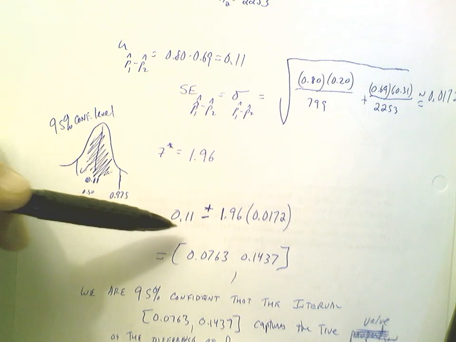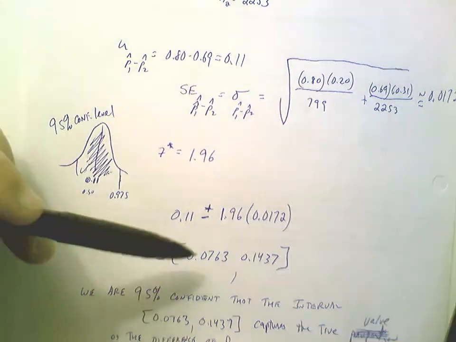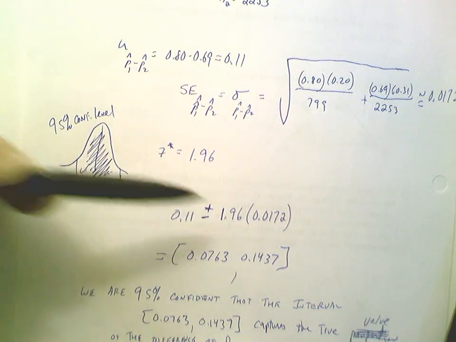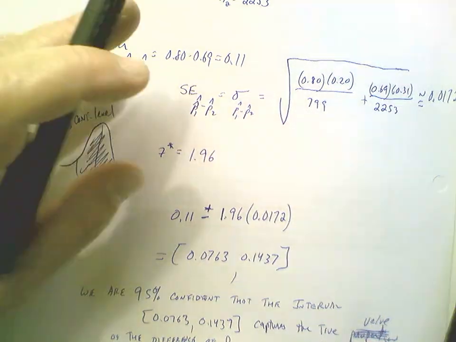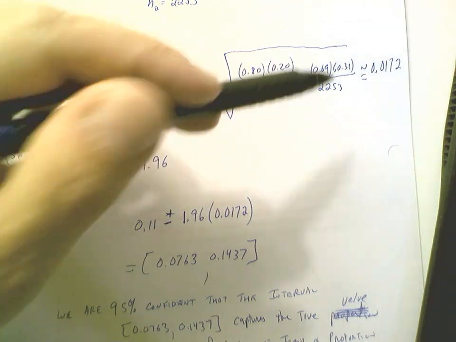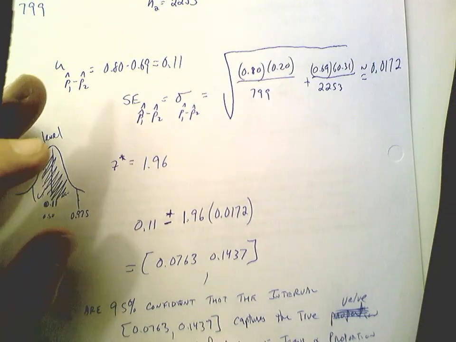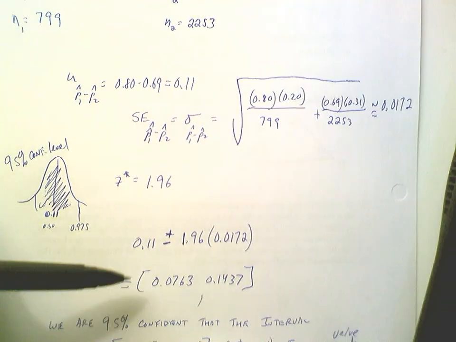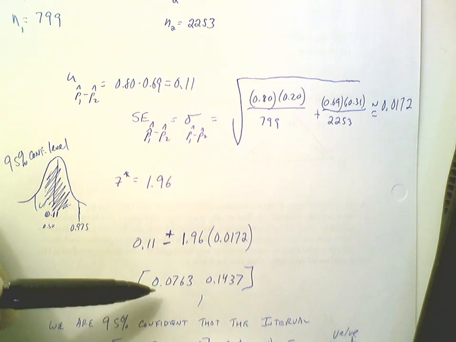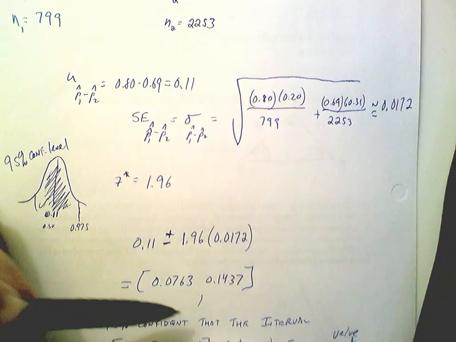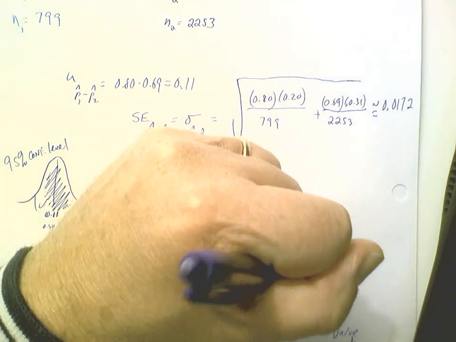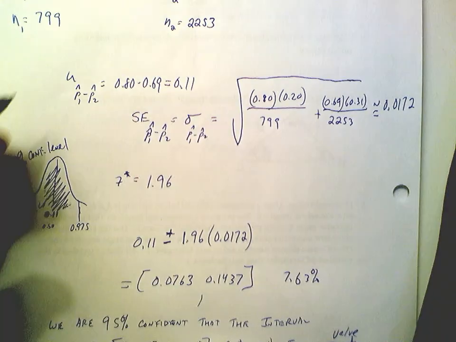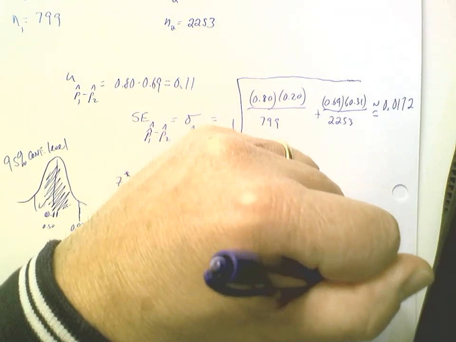It's 0.11 plus or minus my z-value, 1.96, times my sampling distribution standard error, 0.0172. If I run those numbers, I come back with an interval that runs from 0.0763 all the way up to 0.1437. Or, if I want, I can say 7.63% to 14.37%.